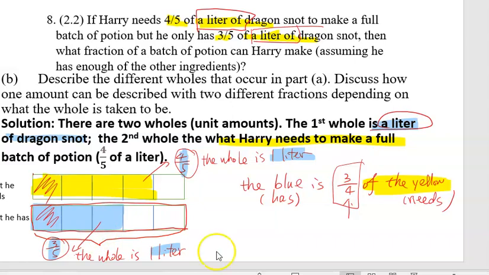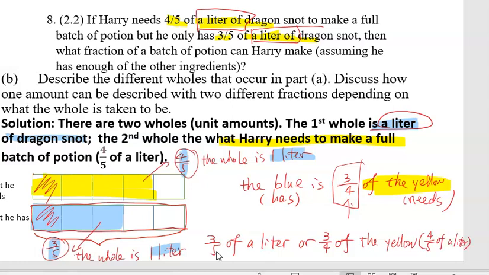The blue part right here is 3/5 of a liter, which can also be described as 3/4 of the yellow part. And what's the yellow part? It's 4/5 of a liter, which is only a portion of the liter. So 2 wholes: a liter or 4/5 of a liter.